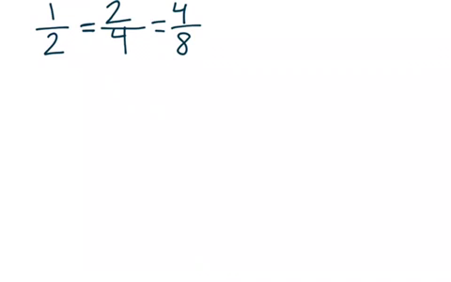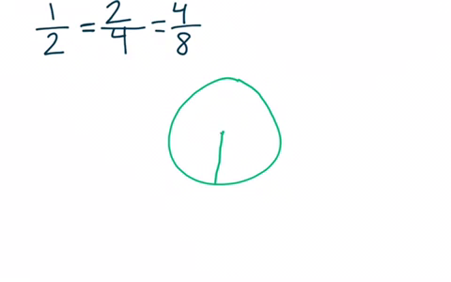If we were to partition our circle into thirds, which I know thirds is sometimes really hard to partition, can we show thirds as equivalent to 1/2? No. Thirds would not be equivalent to 1/2. Let's see, what if I partitioned my thirds into sixths?